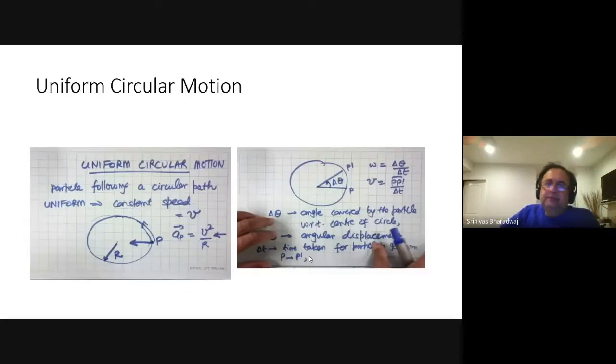And in uniform circular motion, the body is moving at constant speed. There is no tangential component. There is only a radial component, and the acceleration is v square by r. And that is omega cross v.